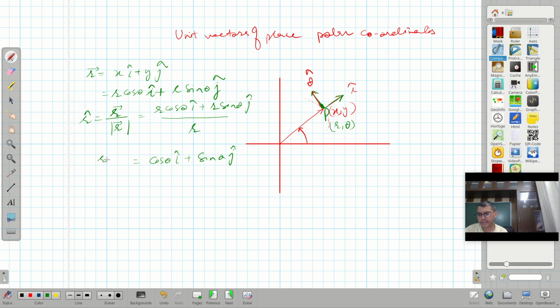So that's how r cap can be represented in Cartesian form, right? So let me now talk about theta cap. Here I talked about r cap. Now I want to express theta cap in terms of i cap and j cap. So how can that be done?